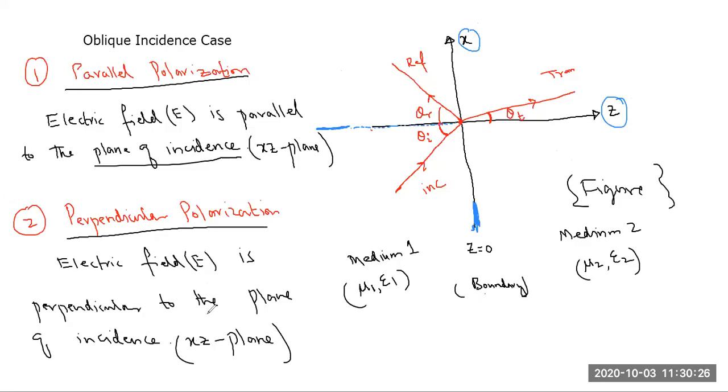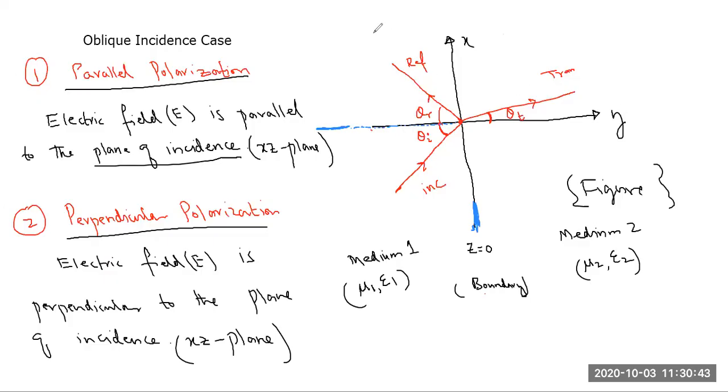But you need to understand that if someone draws a figure and changes this and represents this as xy, then you will not say that the plane of incidence is the xz plane. Now the plane of incidence will be the xy plane.